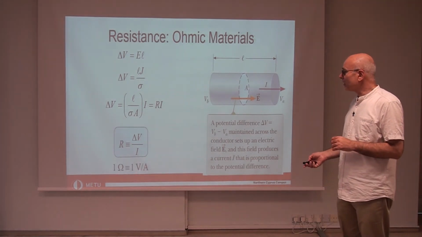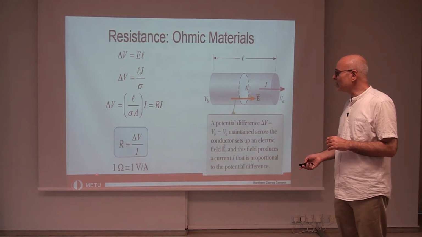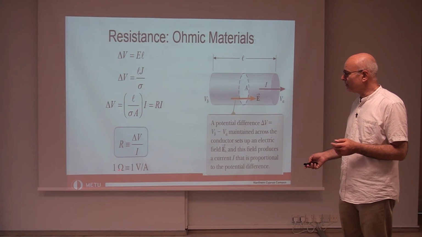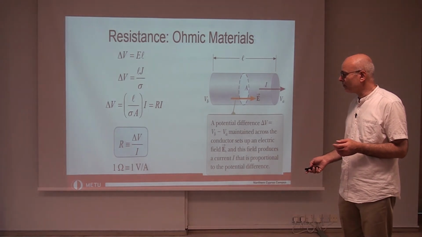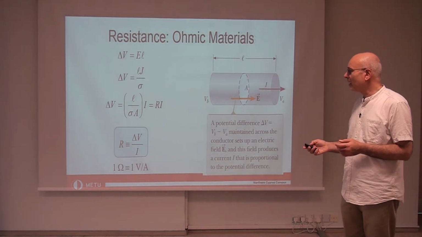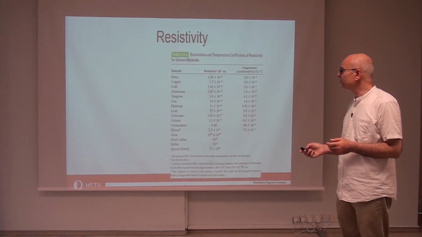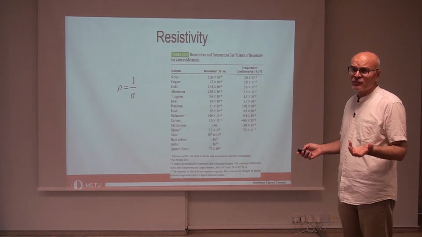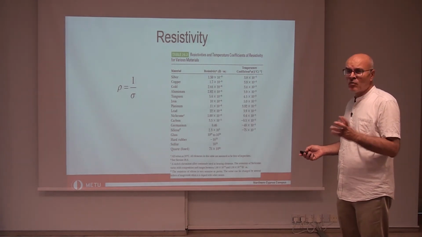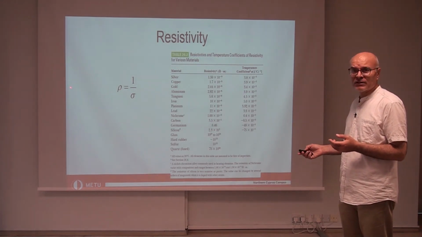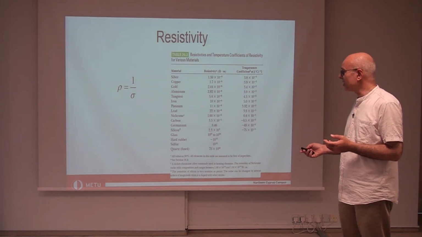Now, the resistance has units of ohm, as everybody knows, and this is the symbol for it, and the ohm is volts per ampere. Now, another quantity that is important and usually used more than the conductivity is the resistivity, which is the inverse of the conductivity. So rho is equal to 1 over sigma.